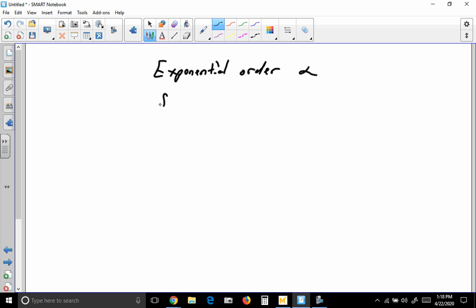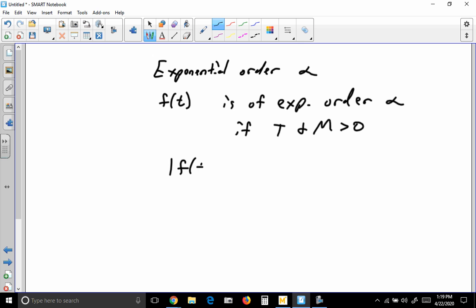A function f of t is of exponential order alpha if there are positive constants m and T such that the absolute value of our function is less than or equal to m times e to the alpha t for t greater than or equal to T. That looks weird, messy, and confusing, but it just says as long as our function is not bigger than this for some certain value of m, then we're of exponential order.